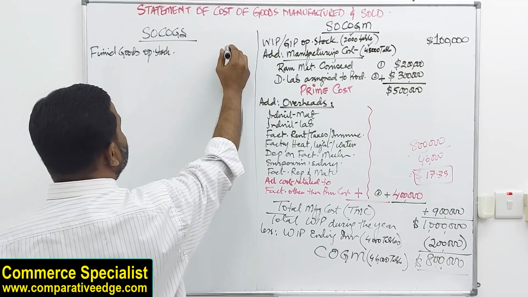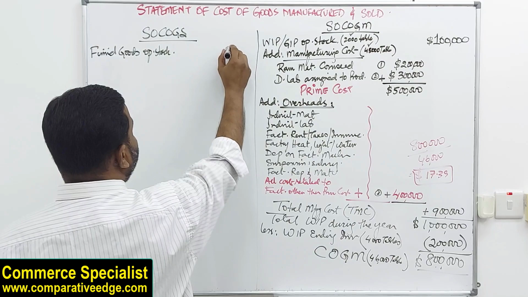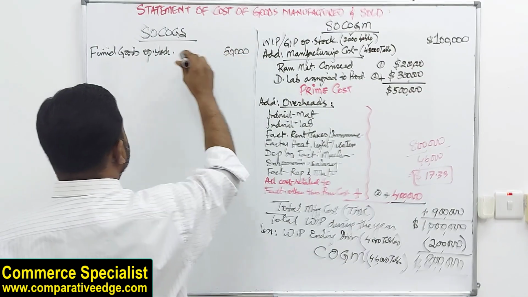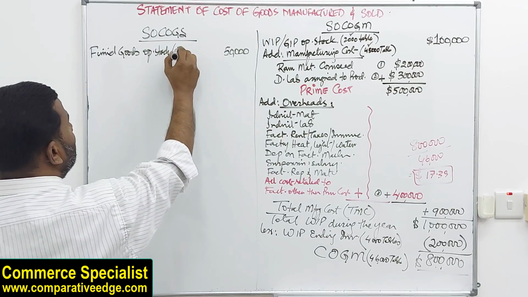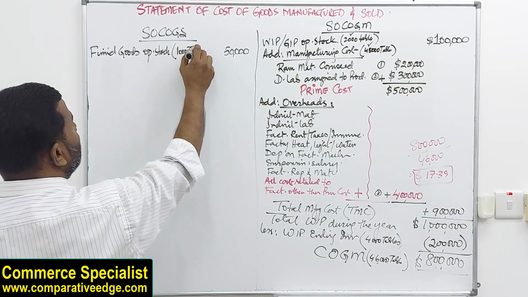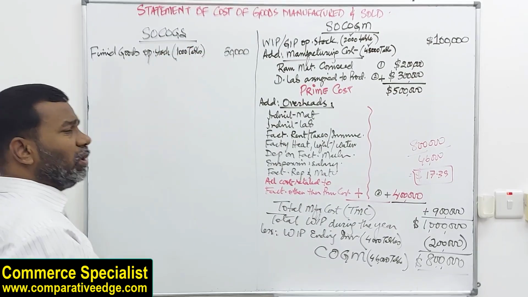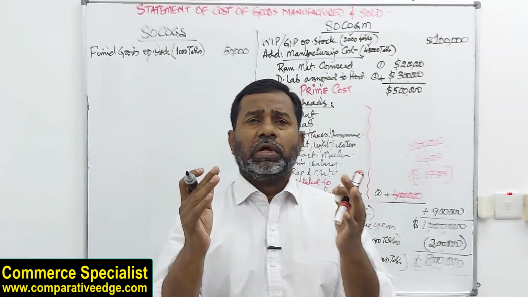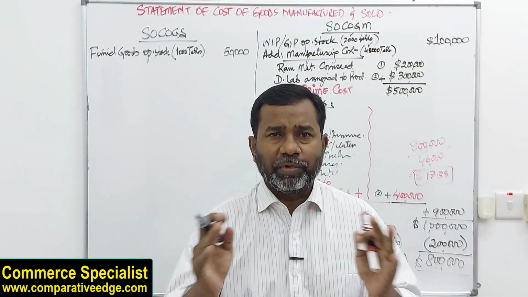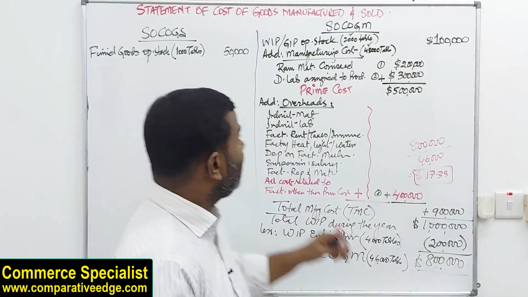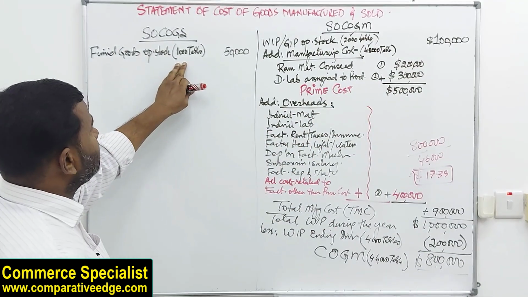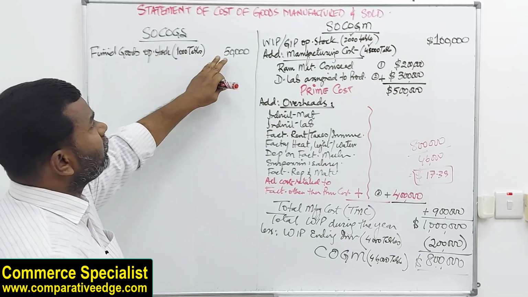Let's assume this is 50,000, and for your understanding, we are talking about finished goods now. Let's say 1,000 tables we already had. Finished goods opening stock means you have goods which are totally complete, ready for sale, but they are not sold yet. So we already had 1,000 tables from last year which we could not sell.